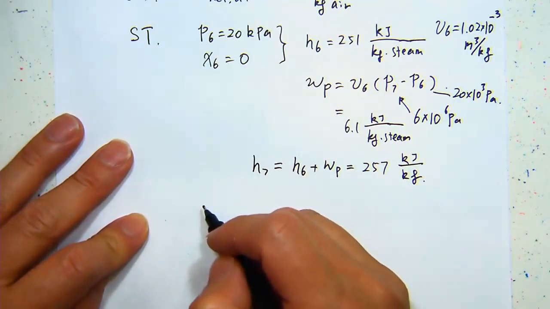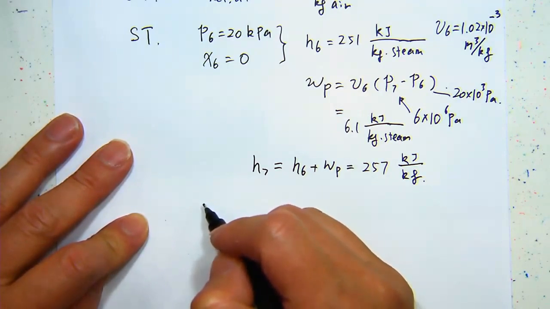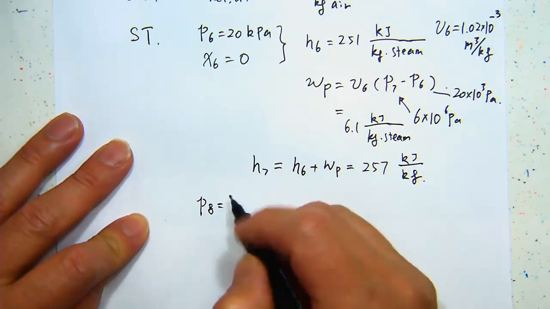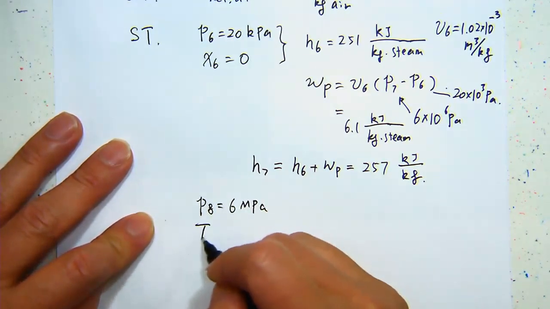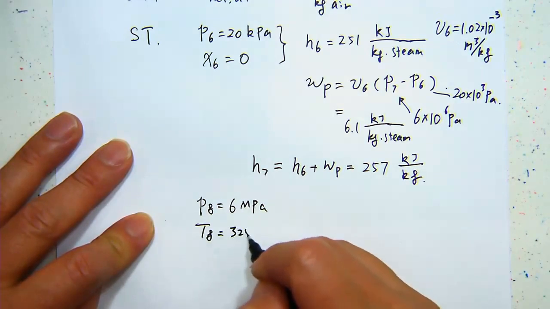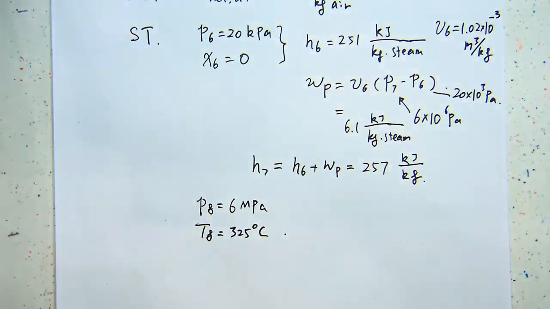From state 8, we know that state 8 actually is a given. The pressure is 6 megapascal, and the temperature is 325 degrees C. So that's given in the problem.